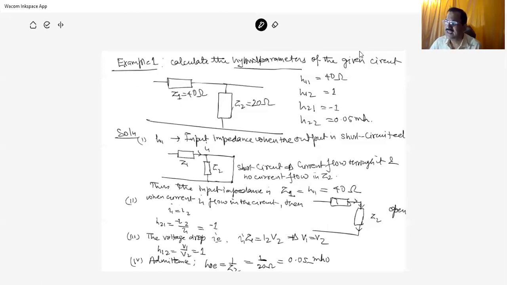If we change this, a slight change in this example, we can consider the example. This is example 2 with the various parameters.